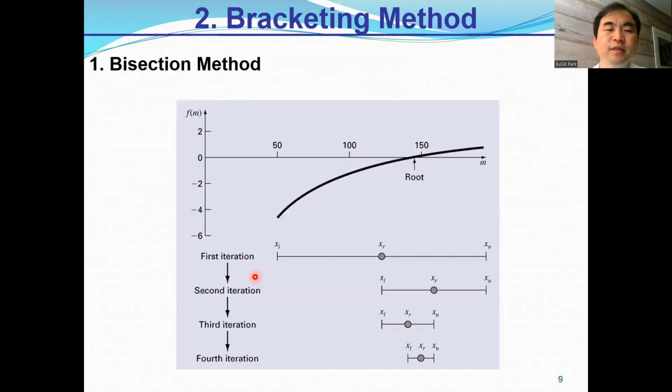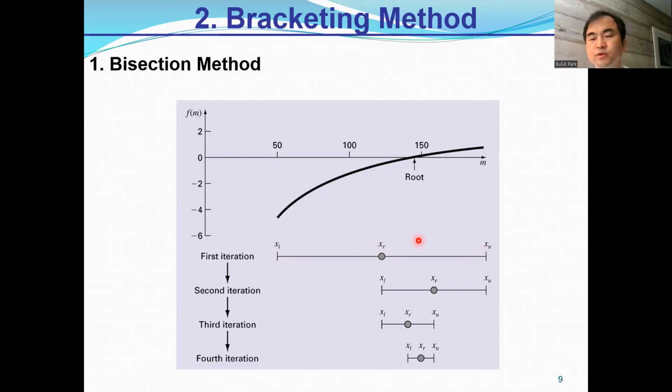First is the bisection method. Let's assume we select two initial points, x lower, xl, and x upper, xu. In that case, we set the next point xr as the center of these two points, and then check the sign of each of f(xr), f(xu), f(xl).